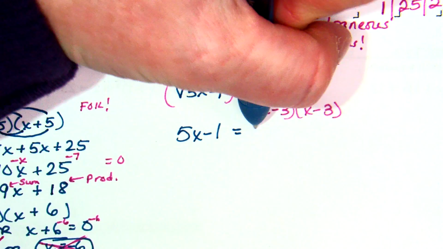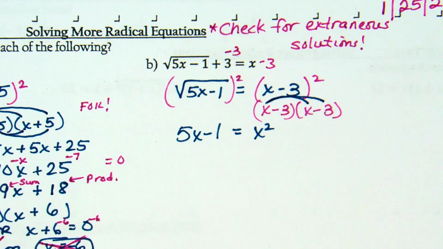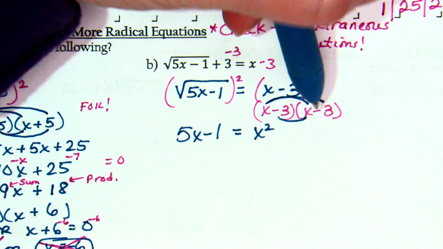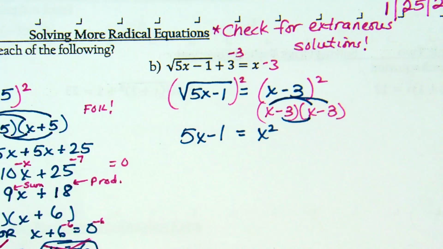Because of what we're doing, they're going to be the same, right? Minus 3 times x is again minus 3x. Minus 3x and minus 3x is minus 6x. Because you're squaring it, it's going to be two of the same. So, saving myself a step there. And minus 3 times minus 3? Plus 9.